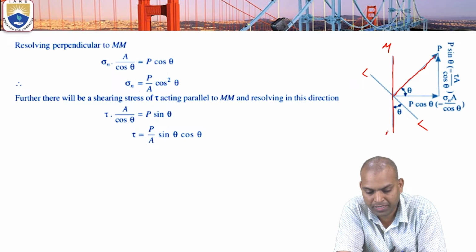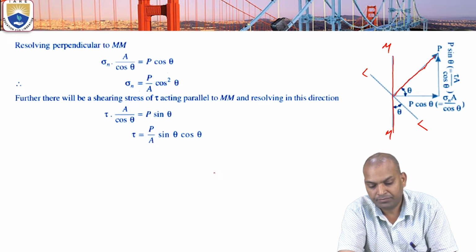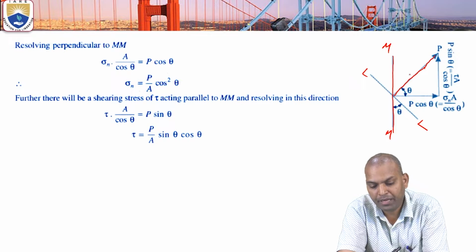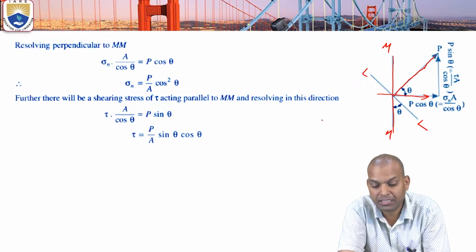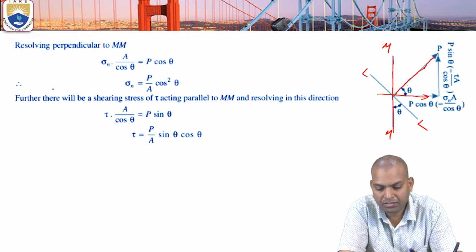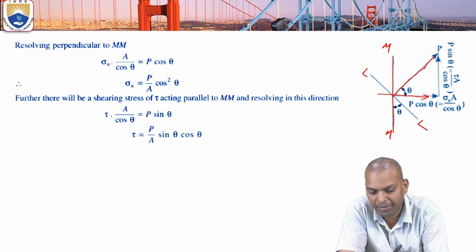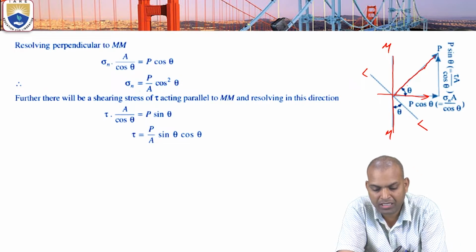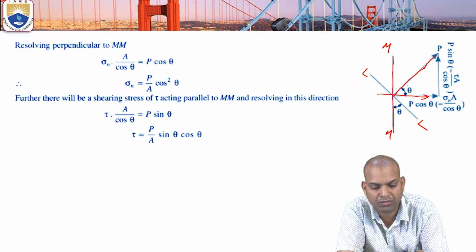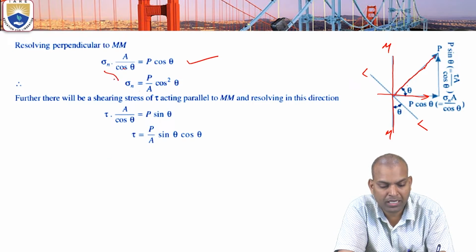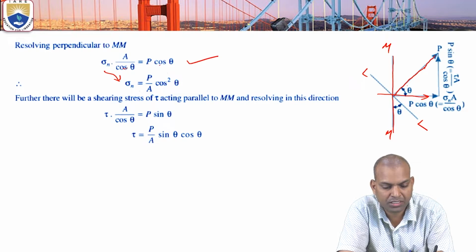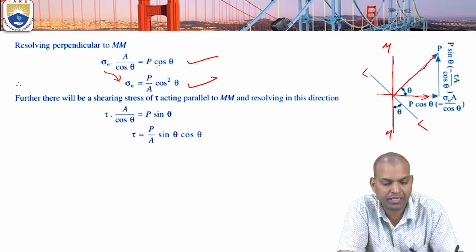The component along the x-axis is P cos theta, and perpendicular to that is P sin theta. Resolving the components perpendicular to MM, sigma n times area A by cos theta equals P cos theta. From this equation, sigma n equals P cos theta into cos theta by A, that is P cos square theta by A.